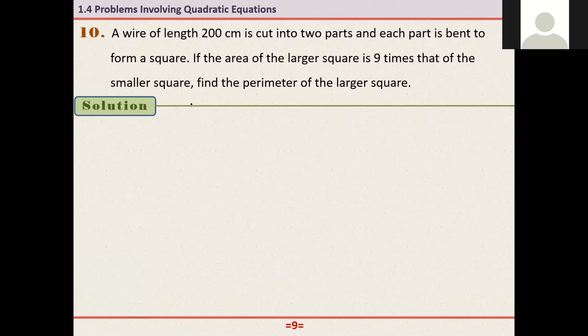And since we are talking about something related to geometry, the first step we have to draw. Since we are talking about a wire of length 200 centimeters, we have a kind of wire here. It doesn't have to be straight, so the length is 200 centimeters. It is cut into 2 parts.